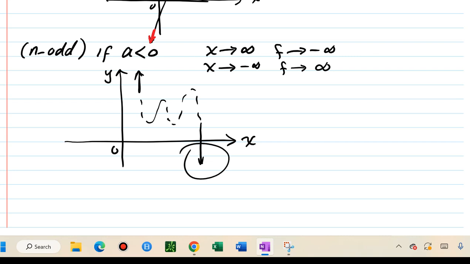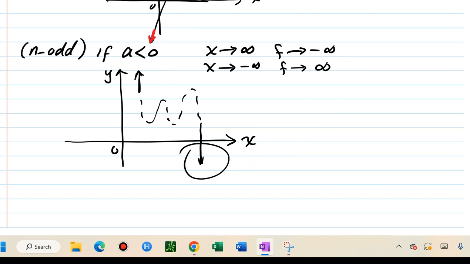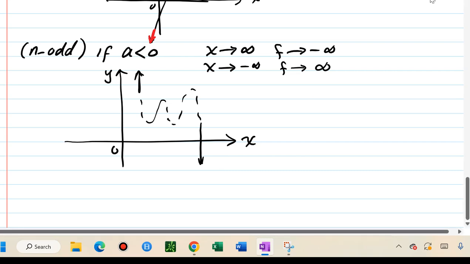So this is again in reference to what we're talking about here. You see that? Of course, I got these backwards there. So as x gets very large, the function approaches negative infinity, and as x gets very small, the function approaches positive infinity. That means it's actually decreasing. Okay.